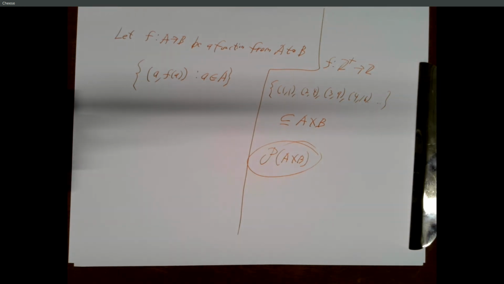So the power set of the Cartesian product of A with B, that's the set of all subsets, all possible collections of tuples.